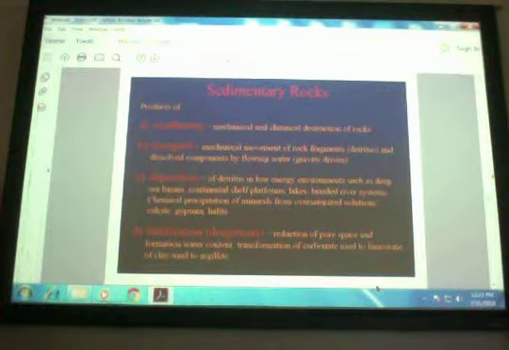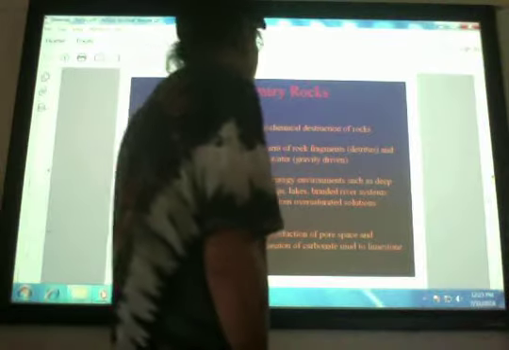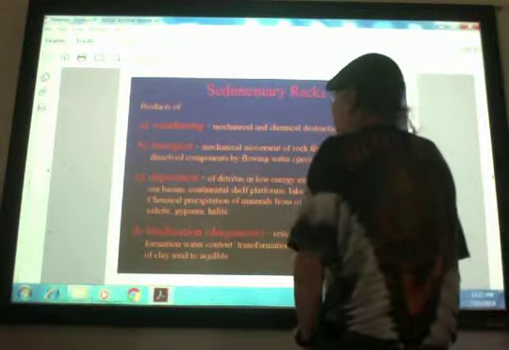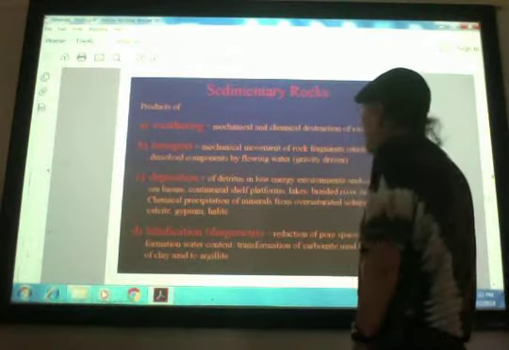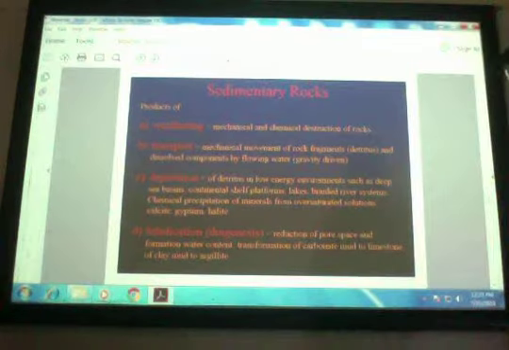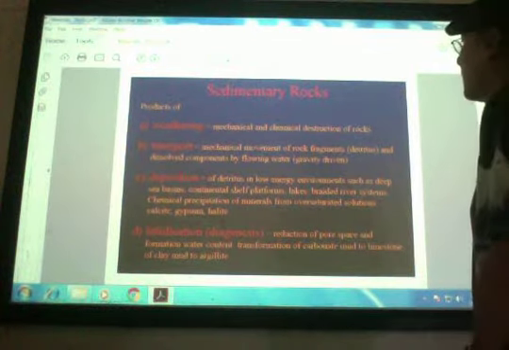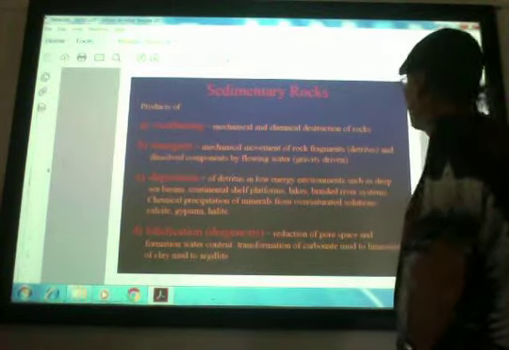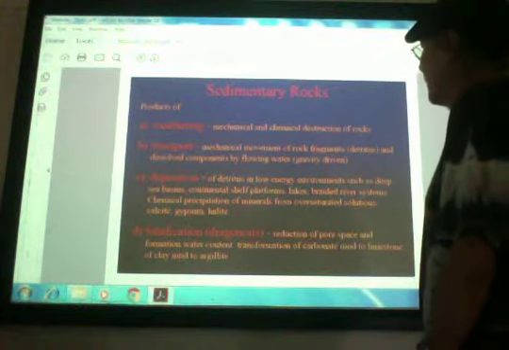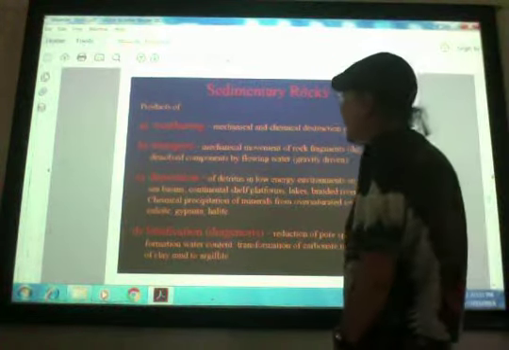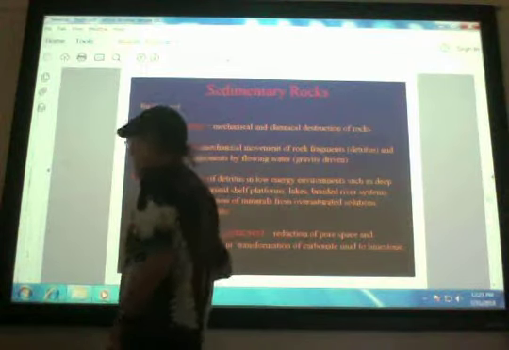Then you have the deposition of detritus in low energy environments, such as deep sea basins, continental shelf platforms, lakes, braided river systems, and chemical precipitation of minerals from oversaturated solutions like calcite, gypsum, and halite.